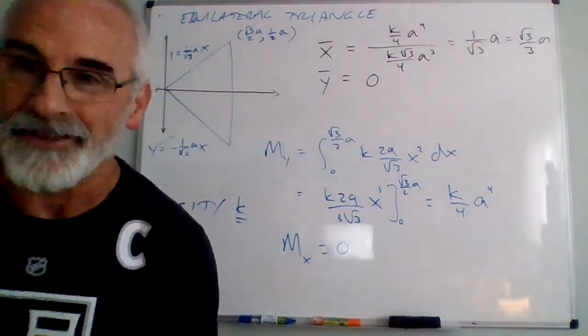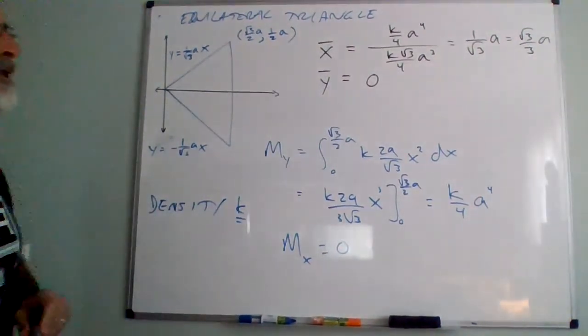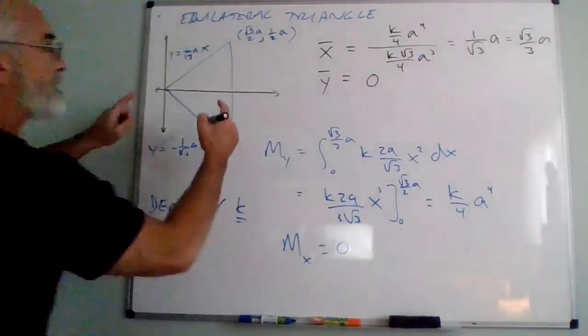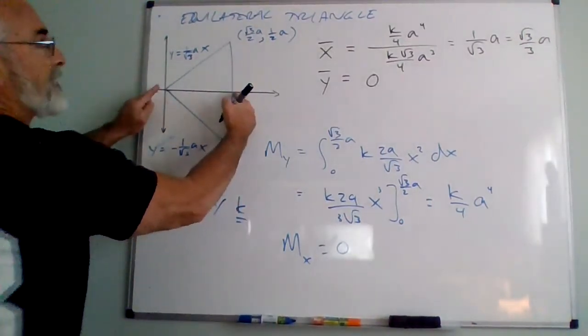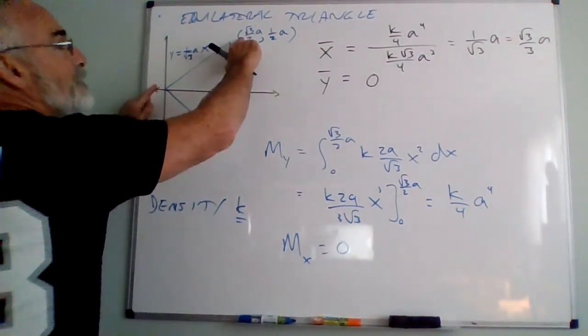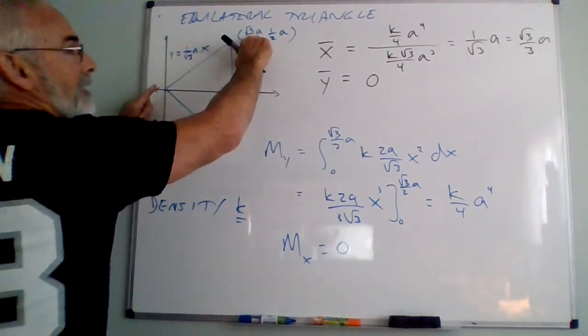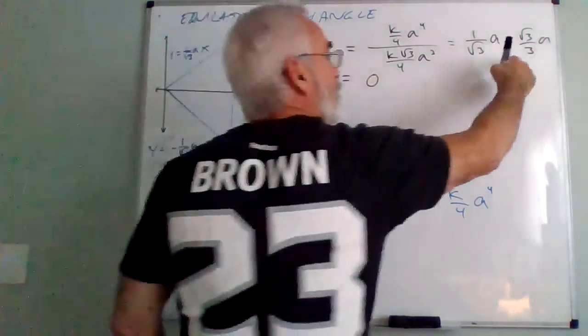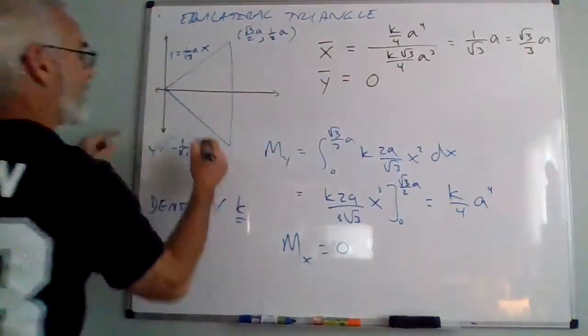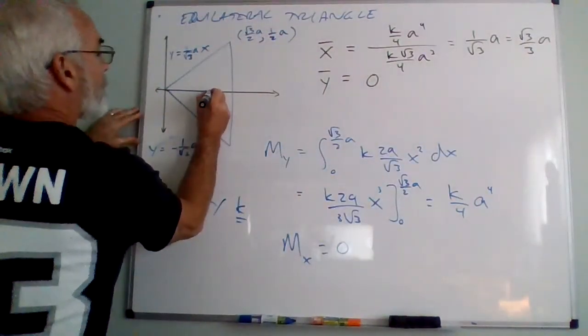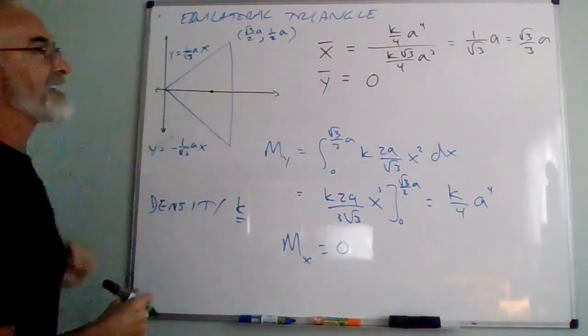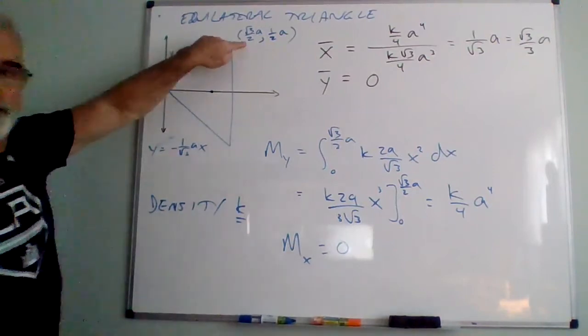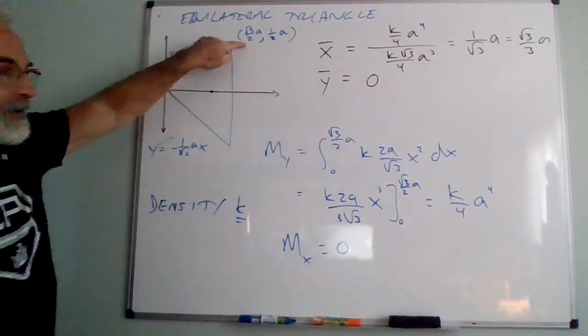Now here's one thing I love about this problem. That answer looks really, really scary. Well, actually it's not. This distance is root 3 over 2 times a. Our centroid is root 3 over 3a, comma 0. Root 3 over 3a is exactly 2/3 of root 3 over 2 times a.